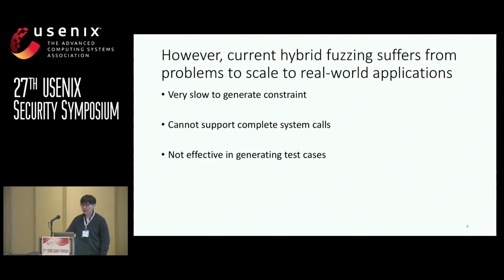However, if we apply current hybrid fuzzing, it suffers from many problems to scale to real-world software. First, it is very slow to generate constraints. Second, it cannot support complete system calls, which is essential for supporting real-world software. And third, it is not effective in generating test cases.